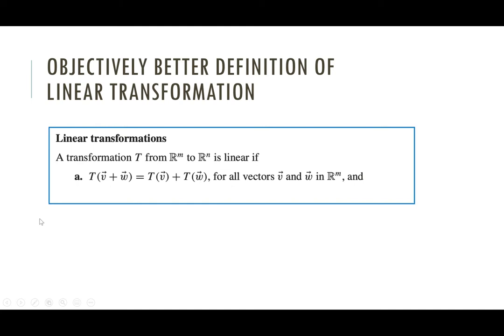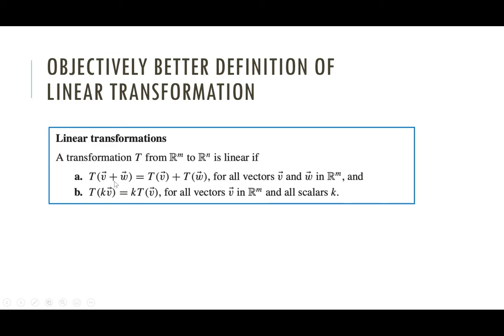We have a linear transformation if we have this, quote unquote, distributing over addition. The second condition is that you can pull out a constant. This is saying that transforming some vector scaled by k is the same as transforming the vector first and then scaling.